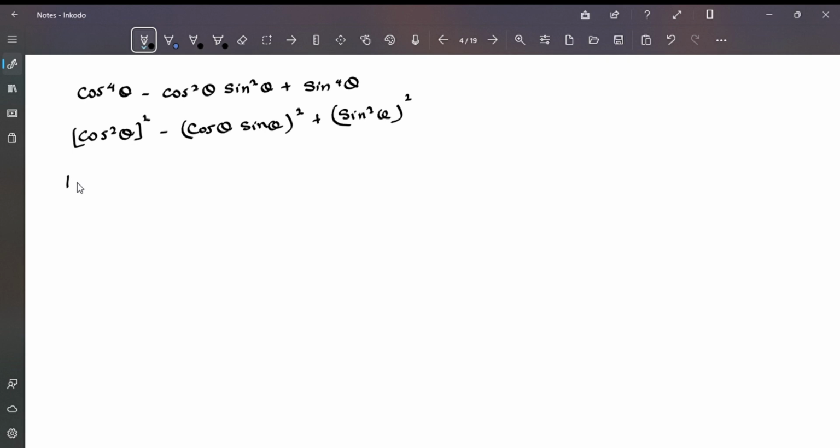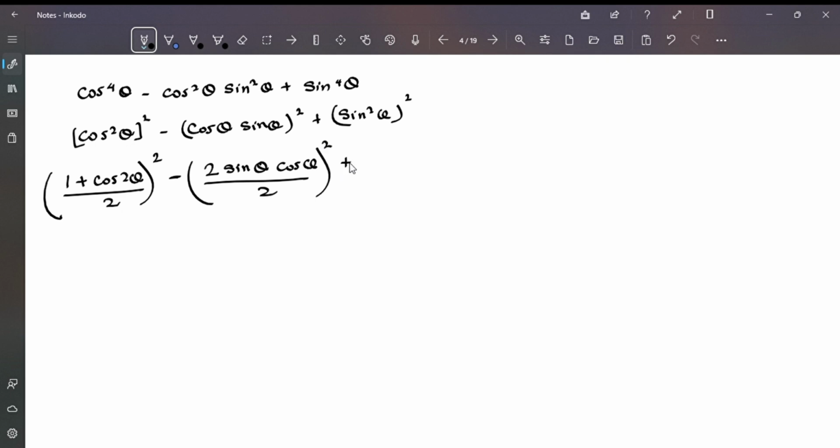Cos square theta is 1 plus cos 2 theta over 2, minus here cos theta sin theta. I'm going to multiply this by 2, so 2 sin theta cos theta, and I'm going to divide this by 2, squared, plus sin square theta is 1 minus cos 2 theta divided by 2 whole thing squared.